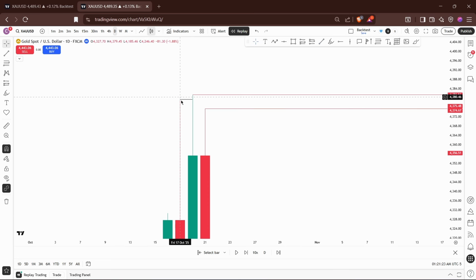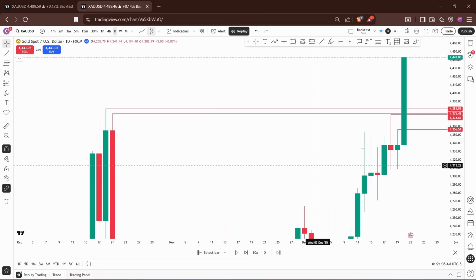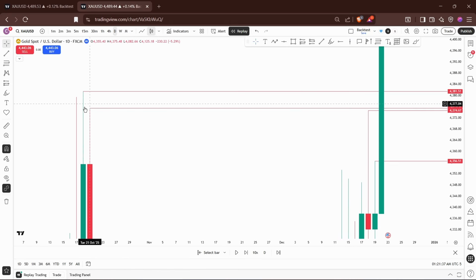This high was already touched by this wick, so it is an unfresh high, so we can take this high. And here, this candle high is not touched by any wick, so it's broken by this green candle only, so this becomes the POI.